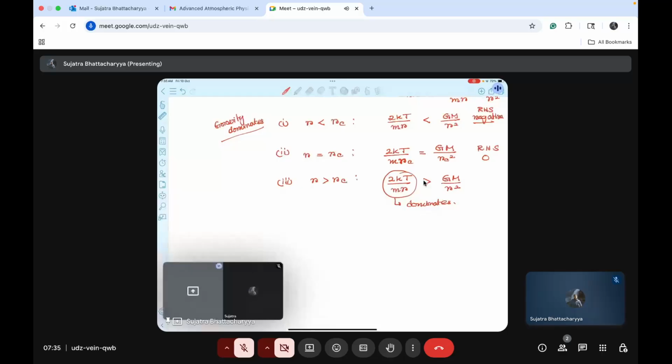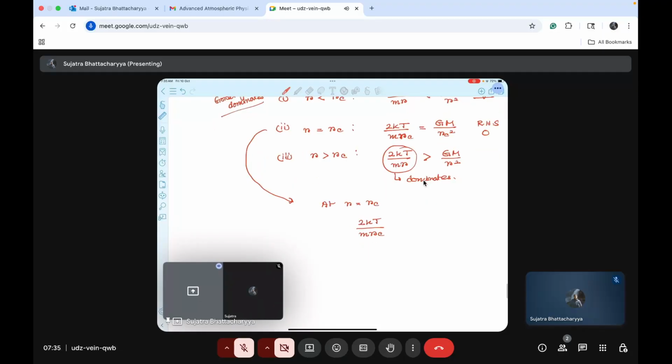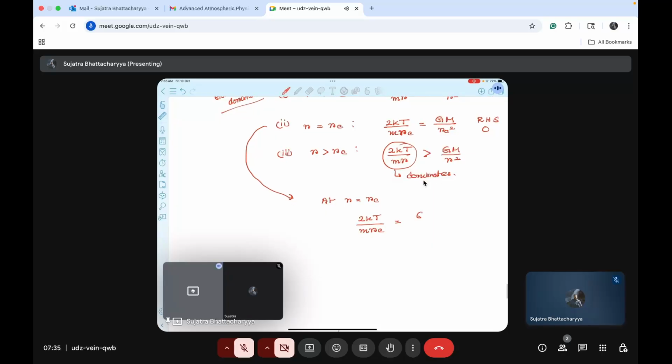Now coming to this expression at the critical value, that is at r equal to rc, what is the value of rc? It will be 2kT divided by m rc equal to GM divided by rc square.